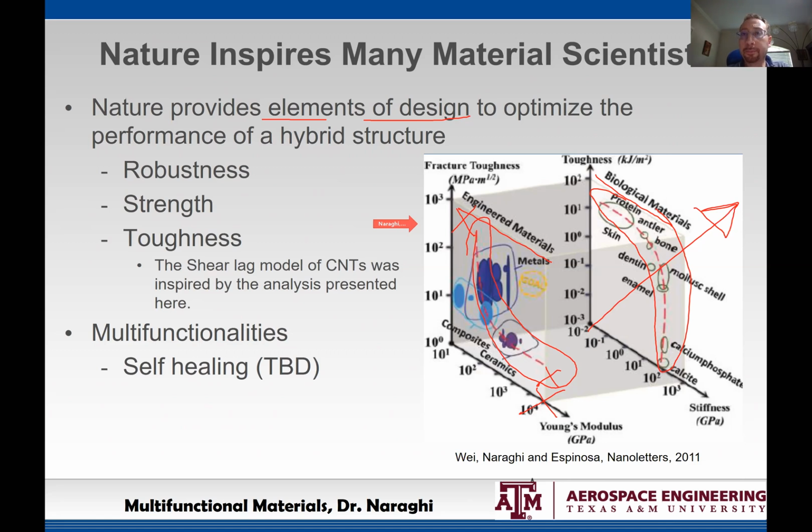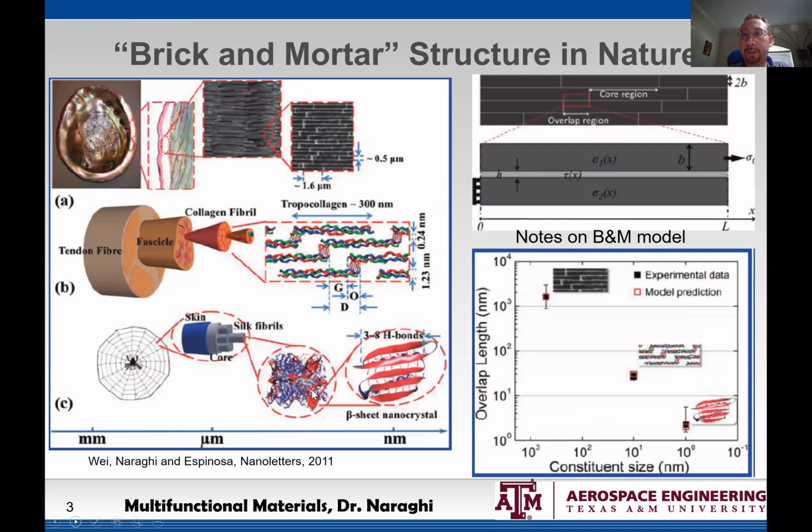So now, in order to understand this effect, I want you to pay attention to the next slide, which is here. So before I go to nature materials, I want you to pay attention to a few things here.